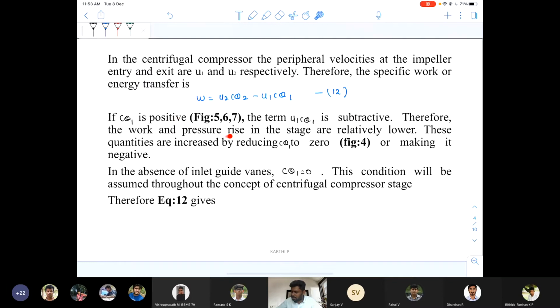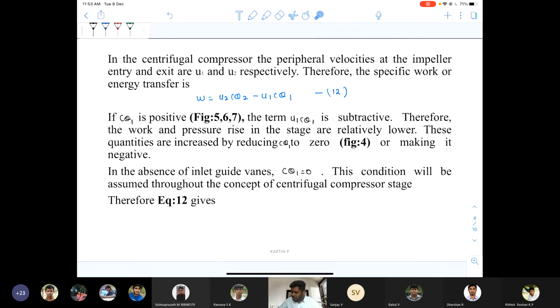Therefore, the work and pressure rise in the stage will be relatively lower. These quantities are increased by reducing C theta 1 to 0, or making it a negative value.